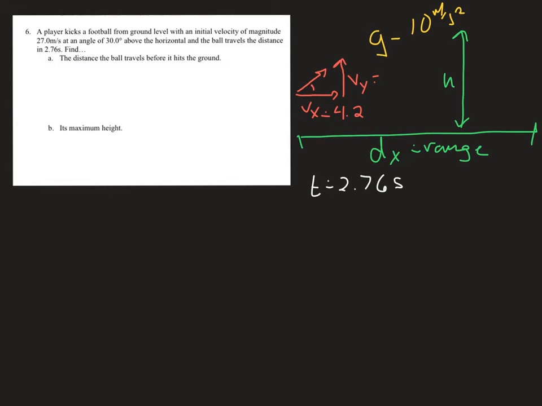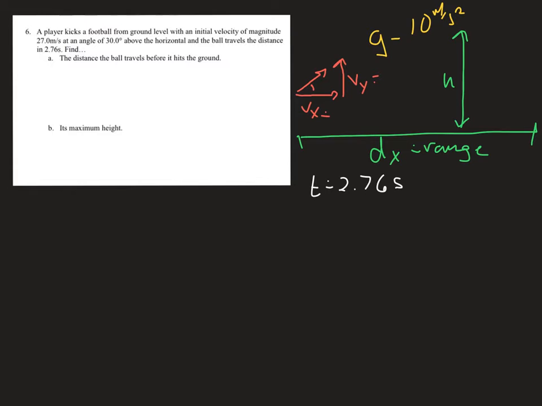My calculator might be in radians, and that's not good. Now that I've fixed my calculator to not be in radians, I'm going to retake 27 times the cosine of 30.